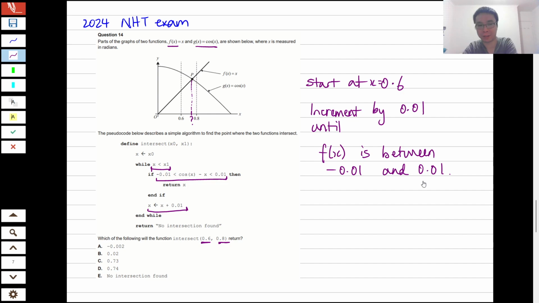That's going to be our guess for the point of intersection. Not f of x, sorry. Cos x minus x. That's better.